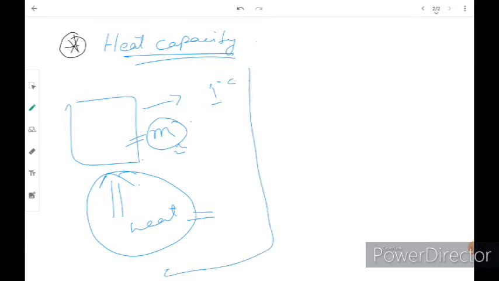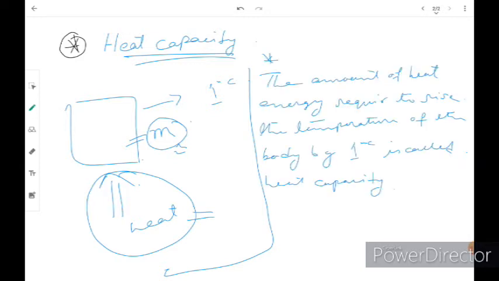So we can define it as the amount of heat energy required to raise the temperature of the body by 1 degree C. By looking at this picture itself, we come to know the definition of heat capacity.